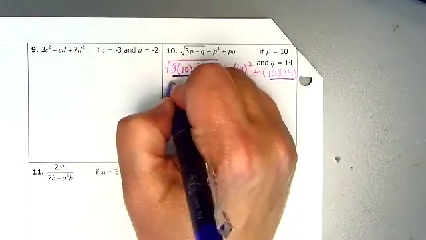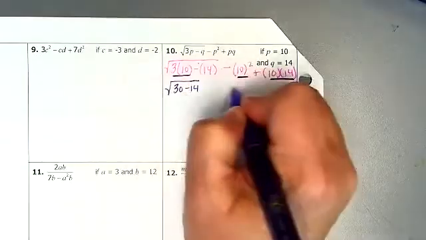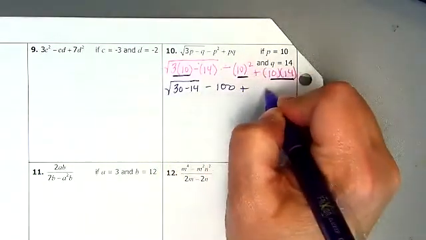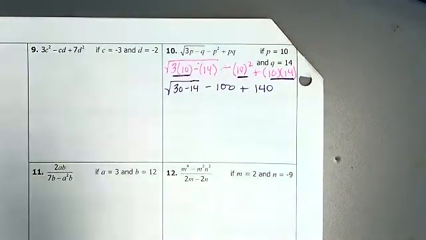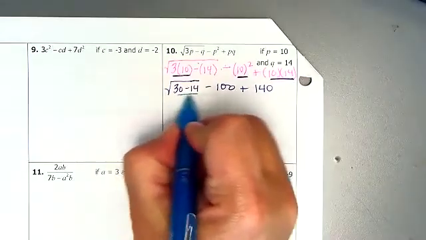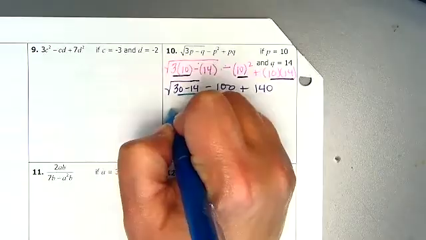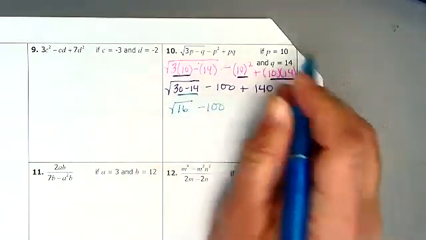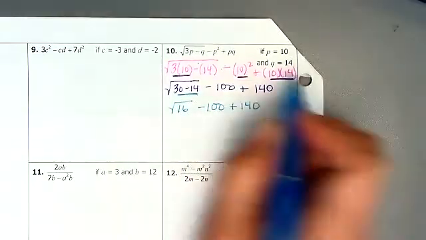So I'm now going to have square root of 30 minus 14 minus 100 plus 140. Now I'm going to subtract what's underneath the square root symbol, and I end up with the square root of 16 minus 100 plus 140.